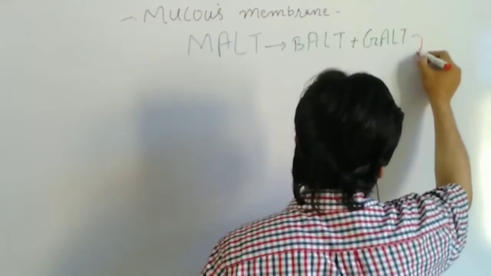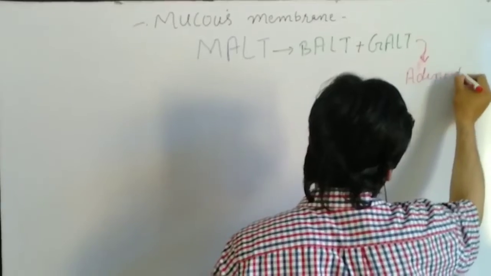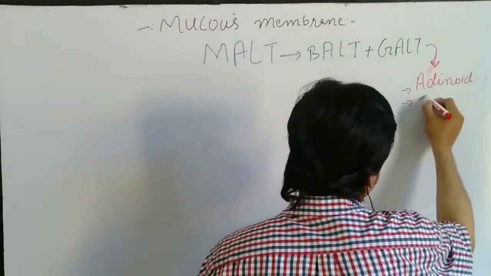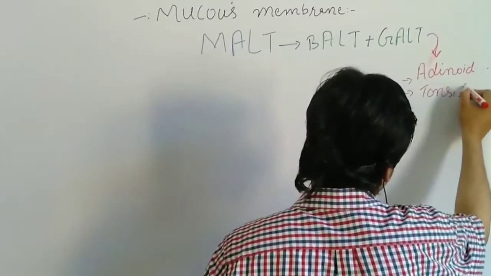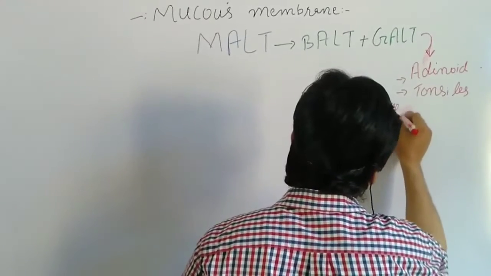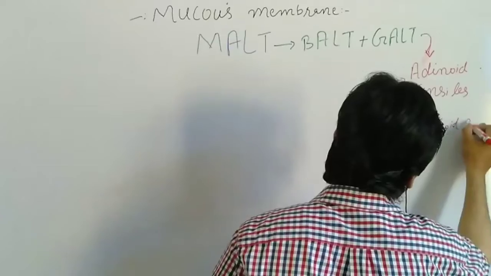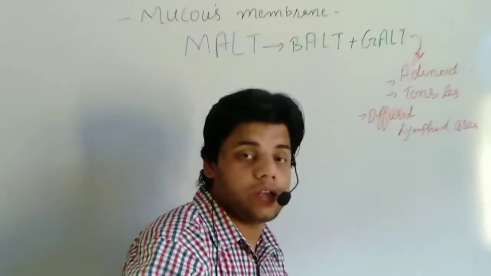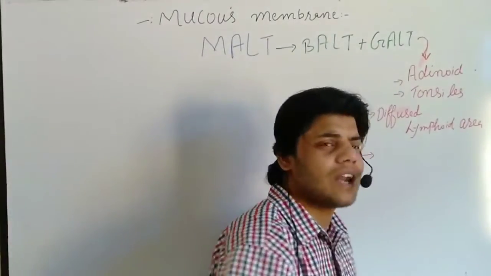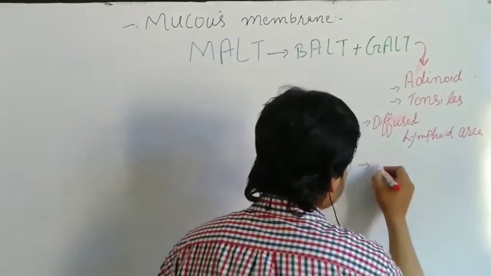It is usually found in the adenoid, tonsil, and diffused lymphoid area along with the gut. Okay, and it is also found in a specialized area of the intestine which we usually call Peyer's patches.